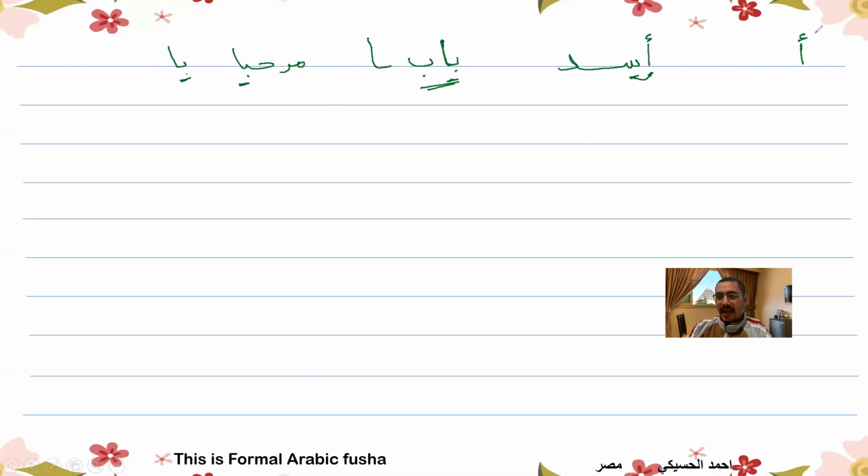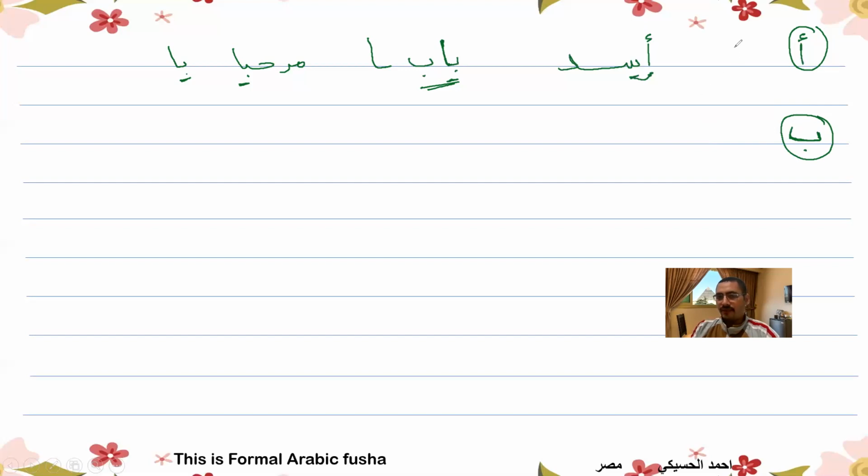And this is Alif, isolated. The second letter is Ba. This is the shape of the letter Ba, isolated Ba. It has two spaces here, two edges, each edge is one space.